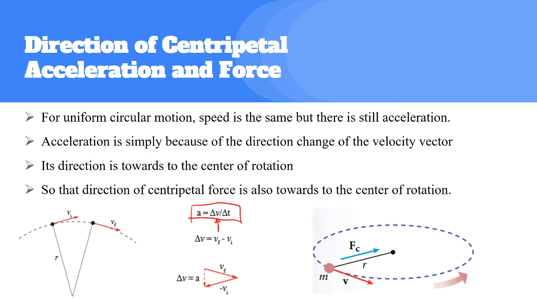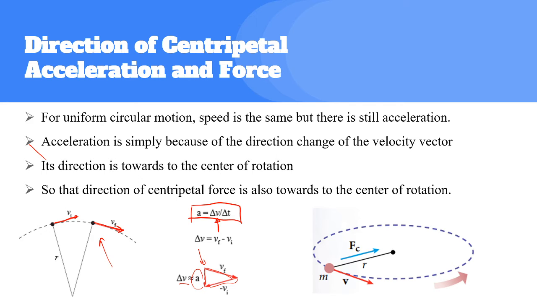So if direction is changing, then you can still have acceleration. And that's what's happening. If you look at the velocity vectors, they are not going in the same direction. Once you do delta v, which is v final minus v initial, you see that you have an extra vector right there. That is your centripetal acceleration, and that's how you form it.